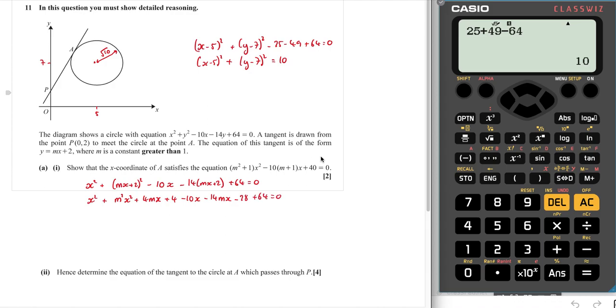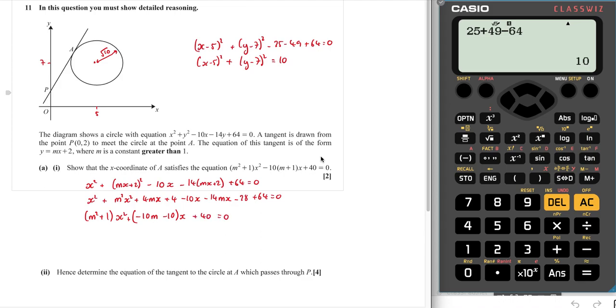So I've got m squared plus 1 x squared. I've got 4m minus 14, so that is 10 minus 10m, minus 10x, and then I've got 4 plus 64 is 68, take 28 is 40, that's good.